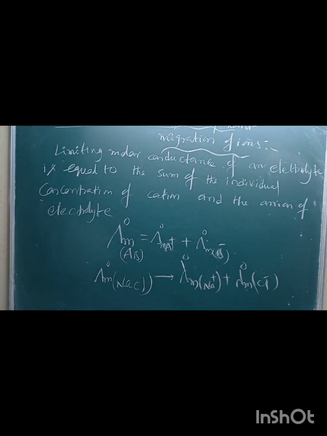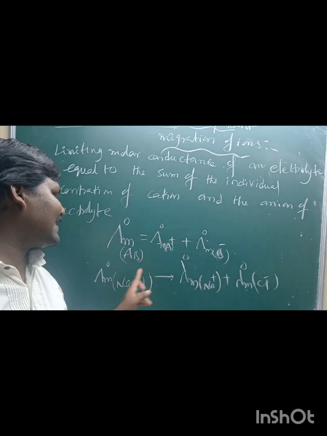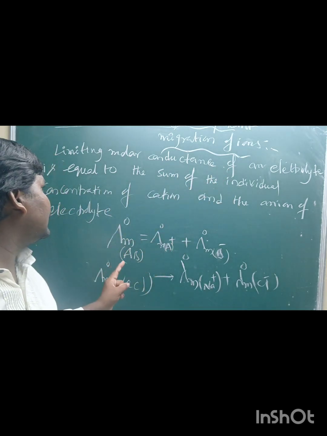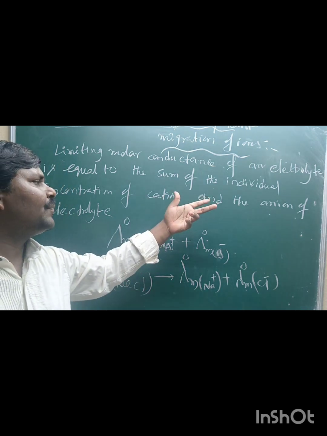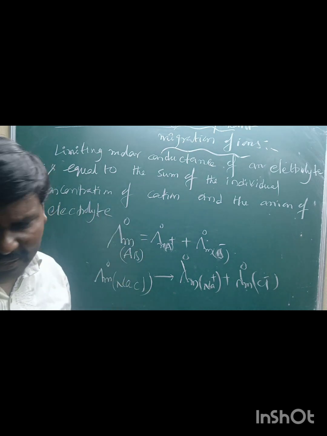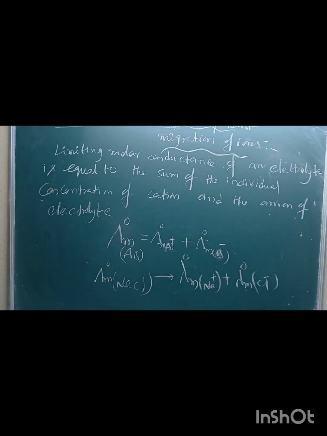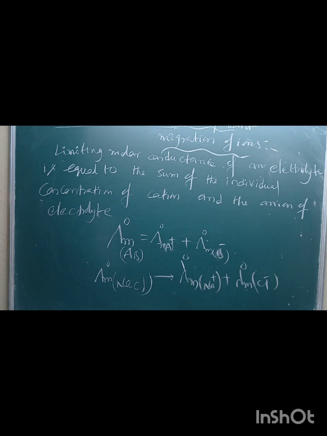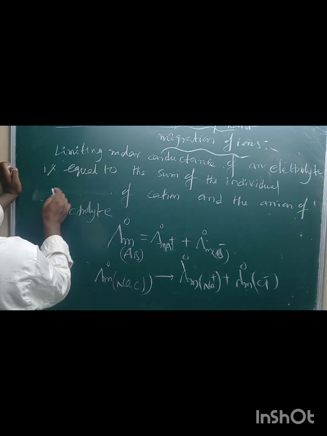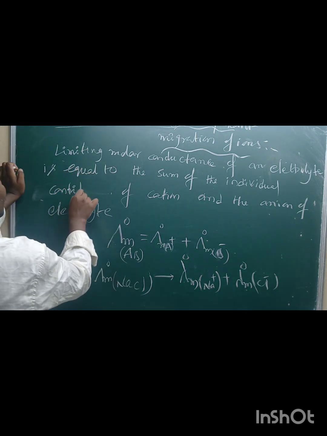The limiting molar conductance of an electrolyte is equal to the algebraic sum of the individual contributions of the cation and anion, not concentration, contributions.